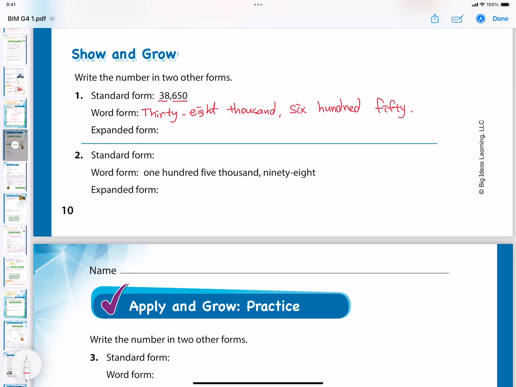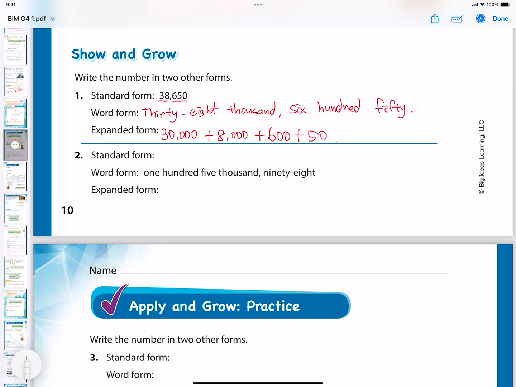There is nothing in the ones place. And expanded form, you are going to write from the greatest place value, which is what? 30,000 plus 8,000 plus 600 plus 50.